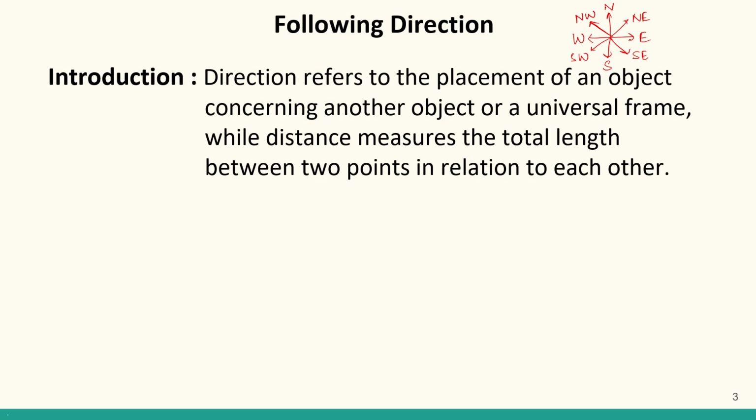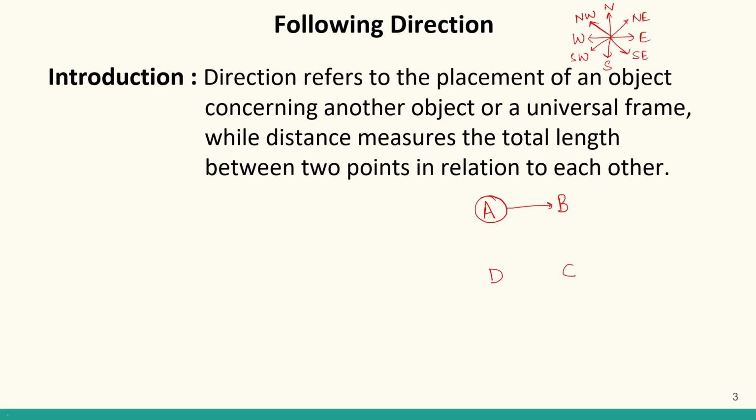Now let us say that there is a person named B, a person named C, a person named D, and a person named A. If I have to find directions, I will take the reference of A, from the point of view of A.